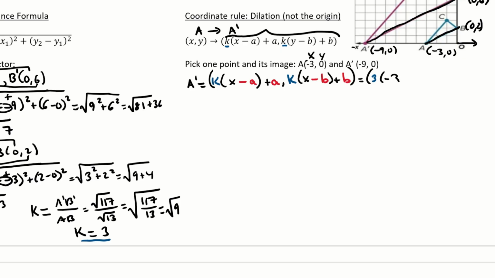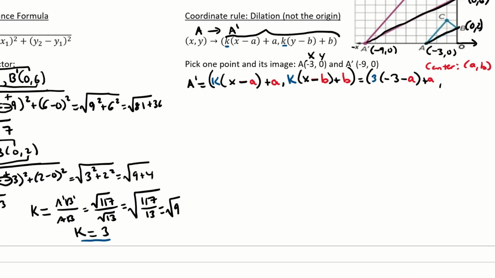So negative 3 minus. Now we do not know what a is. A is the center of dilation, which we have no idea where it is, right? So the center right now is A comma B. We have no idea what it is. So we're going to leave it like that. So we got negative 3 minus A plus A. All right.